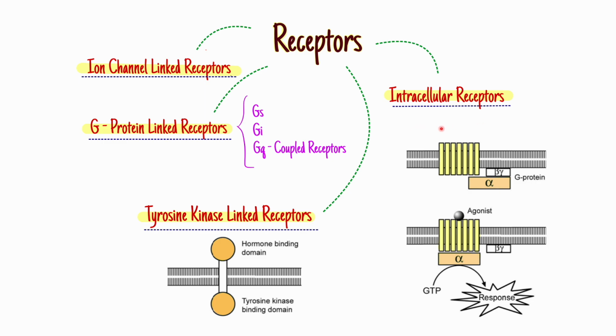For example, let's say that this cell has 4 receptors, and molecule A is able to bind to all 4 of them, while molecule B can only bind with 2 of them. We say that molecule A has more affinity to the receptor. Affinity is the ability of the drug or the molecule to bind with the receptor, and the strength of this connection.